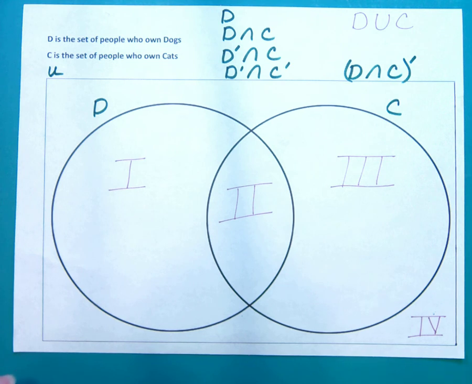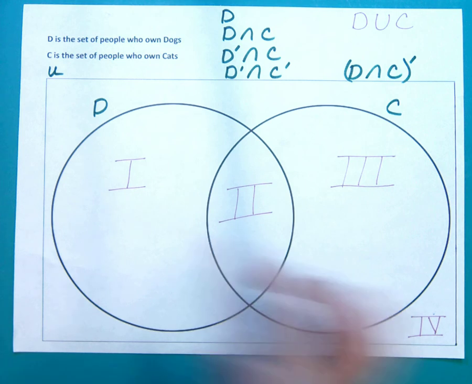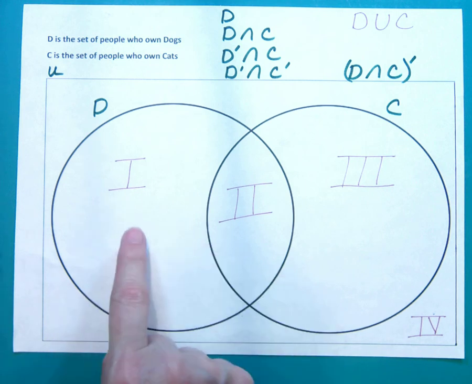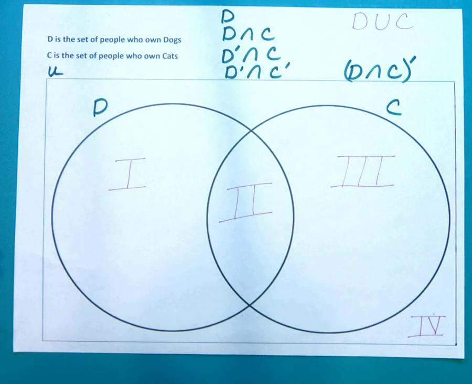So let's start with, I'm going to let D be the set of people who own dogs, and C be the set of people who own cats. And I have a Venn diagram set up here. And I have it broken into these regions, region 1, region 2, and region 3 and 4.